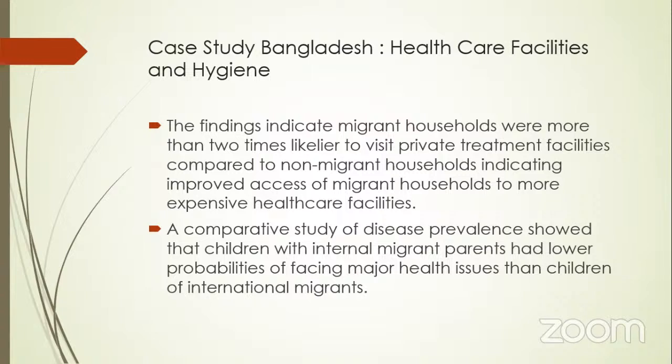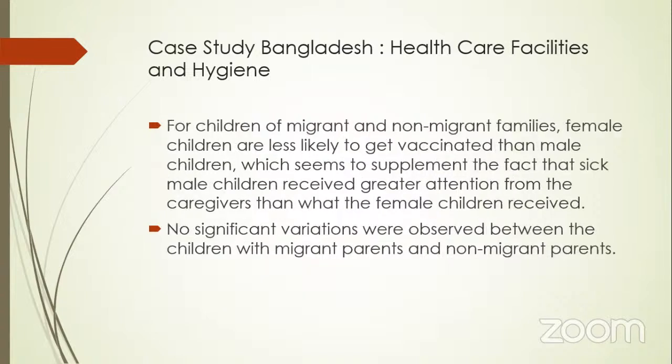I'm speculating. So, for example, on healthcare facility and hygiene, among children of migrant and non-migrant families, female children are less likely to get vaccinated. This is something similar to what you will see in India. More often than not, the female is less likely to be vaccinated, and less likely to be taken to a healthcare facility, even in India.